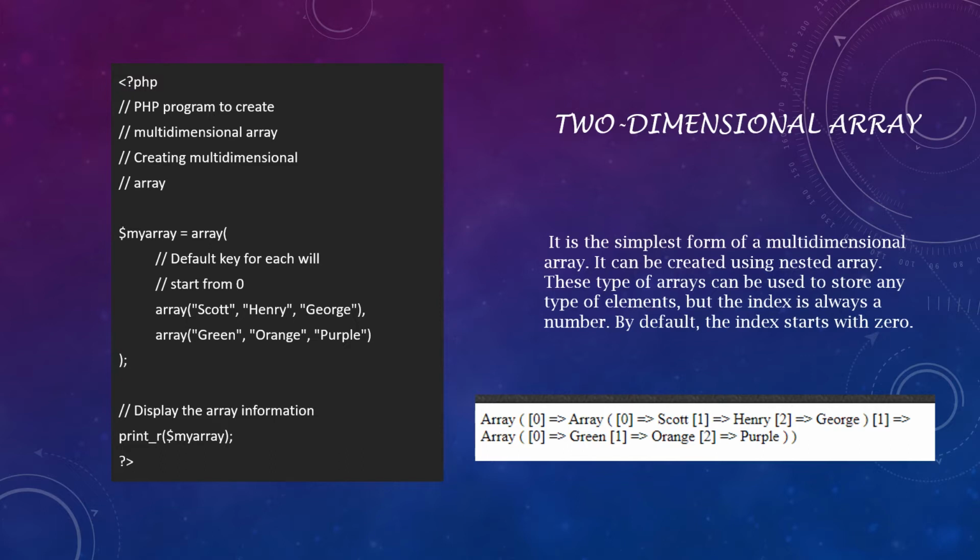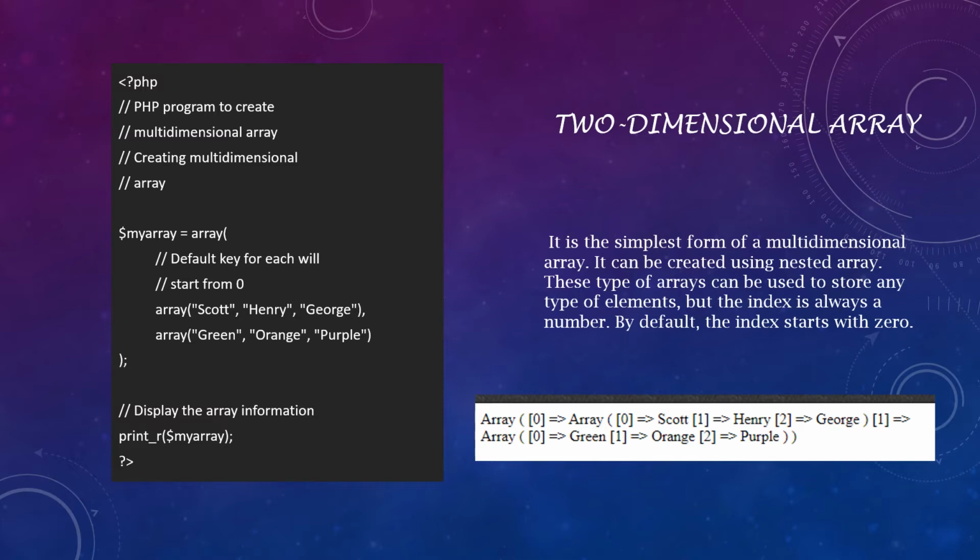And so I have a little code snippet of PHP that shows how to create a multidimensional array. You start by declaring my array is an array, and you use the parenthesis. Then the default key for each will start from 0, so you have one array that has the values of Scott, Henry, and George.